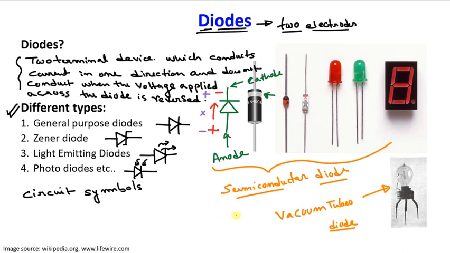In vacuum tubes, similarly we have an anode and a cathode, and in addition there is a resistive element, the heater. The whole assembly is sealed inside a glass tube under vacuum. So inside it is vacuum.